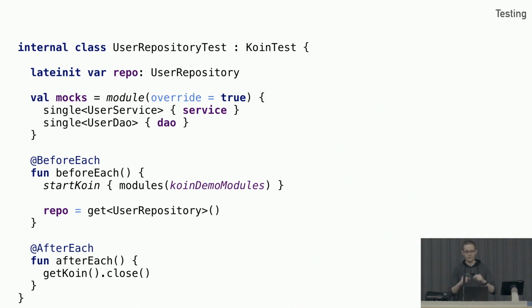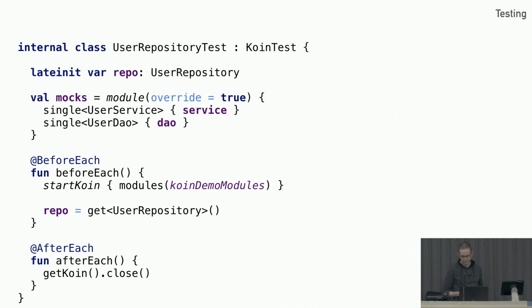But I said overriding modules, and this isn't. This is just creating the same hard-coded thing. What Koin allows us to do is it gives us this tag for override, and by saying override equals true, which you can do at the component level, at the scope set level, or at the module level, anything within those curly braces will override anything which was already declared.